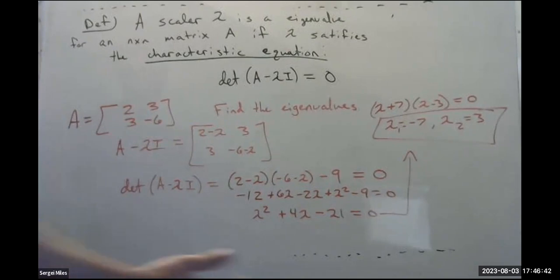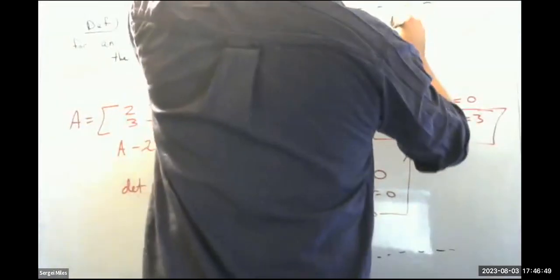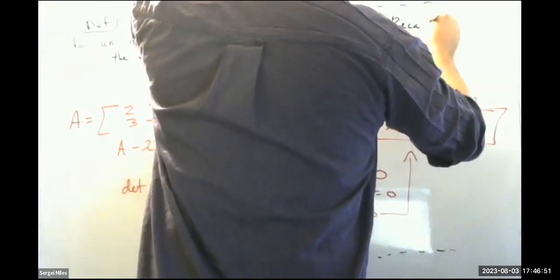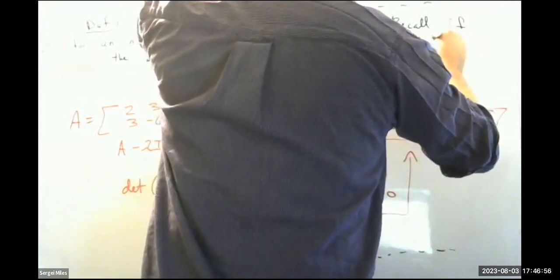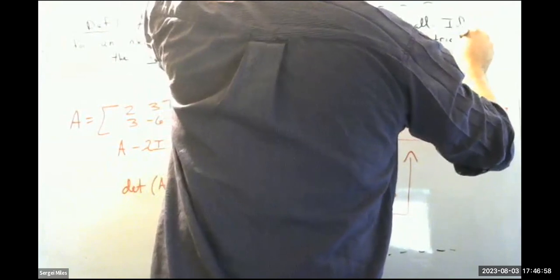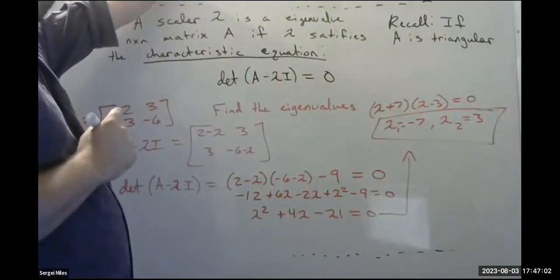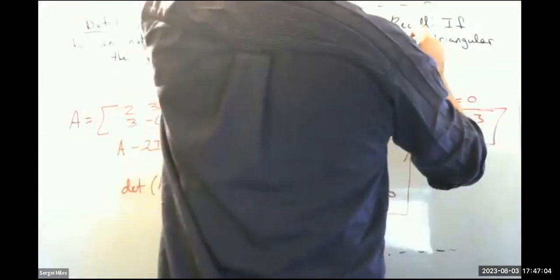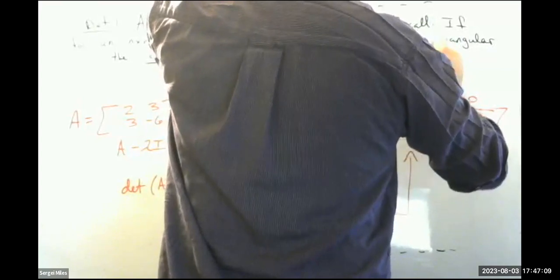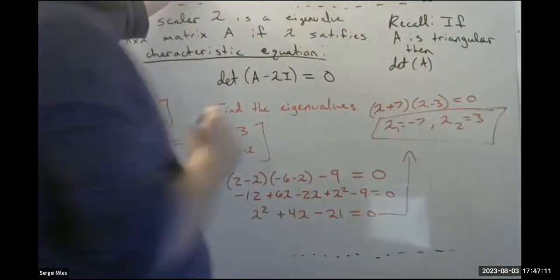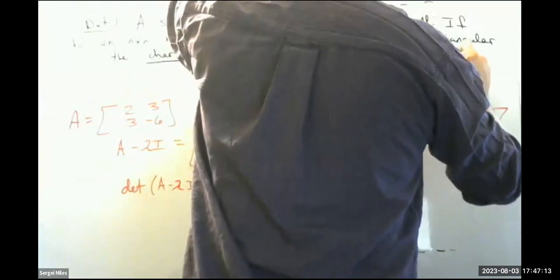All right, what else can we do? Well, you also may recall from yesterday's lecture, if the matrix A is triangular, then note that the determinant of a matrix which is triangular is the product of the diagonal.